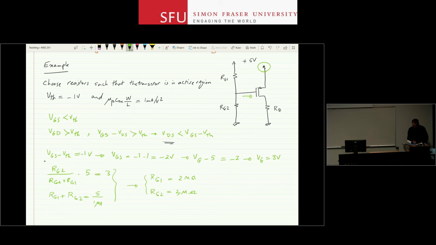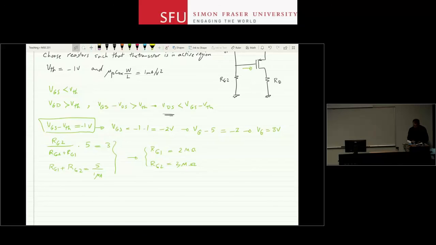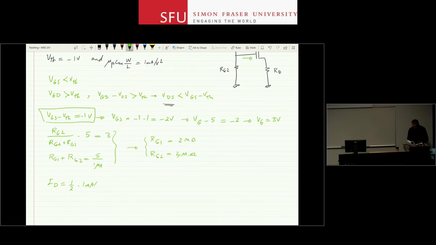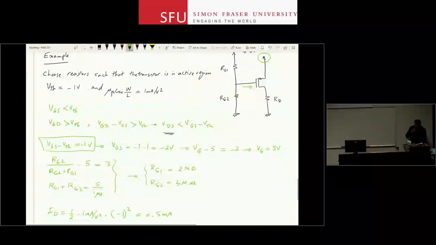With the chosen value, this is a choice I made because the question let me decide that, I can calculate ID. ID is going to be half mu PC oxide W over L, that's 1 milliamp, times VGS minus VTH squared. I chose it to be minus 1 squared, and that is going to be half a milliamp. With that value, I already know my VDS.